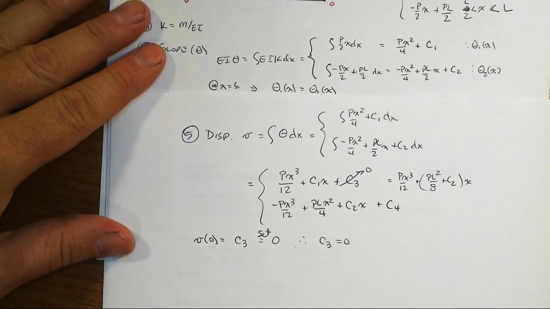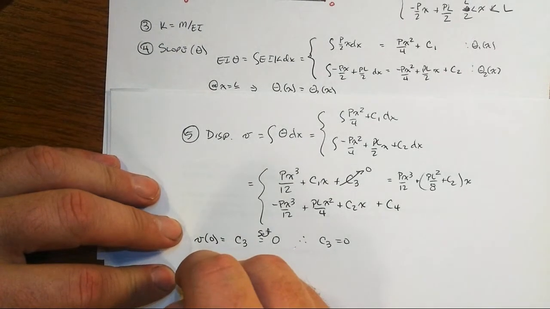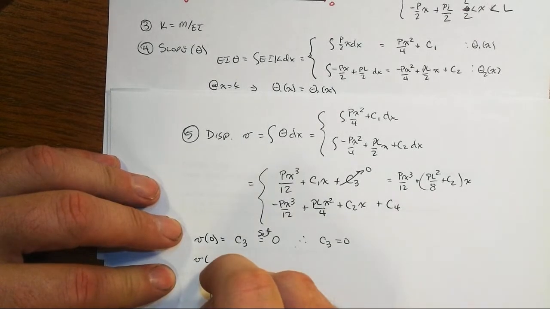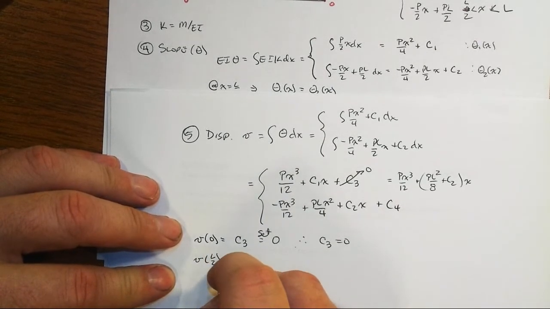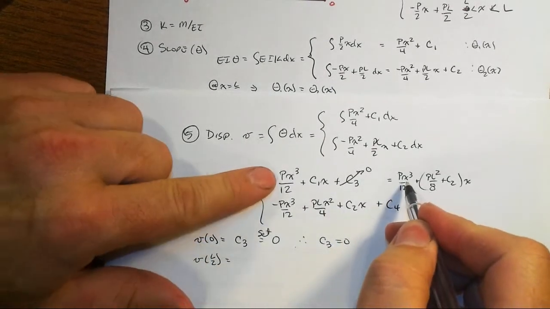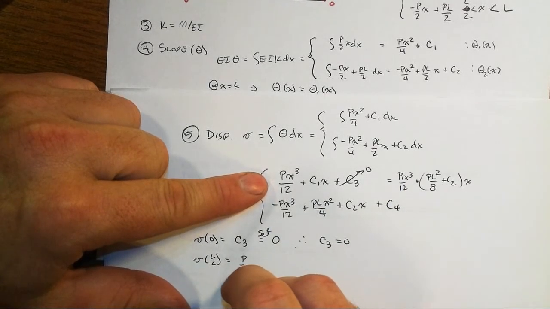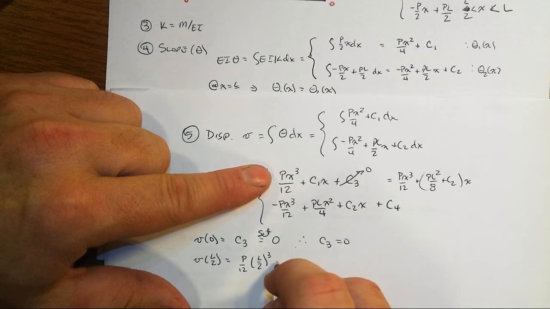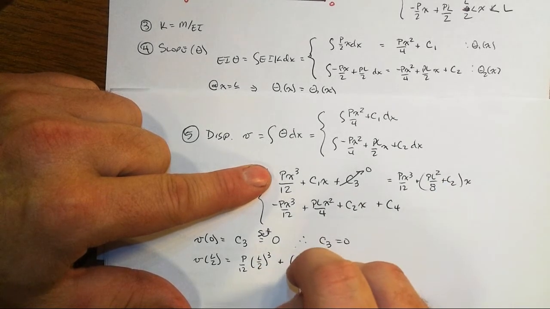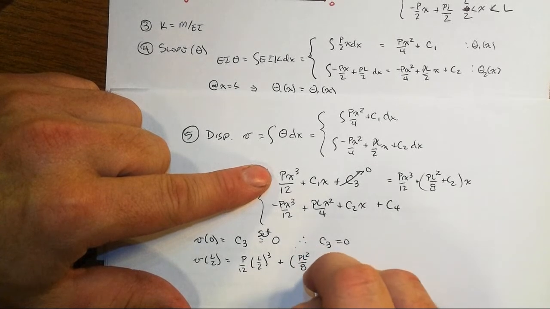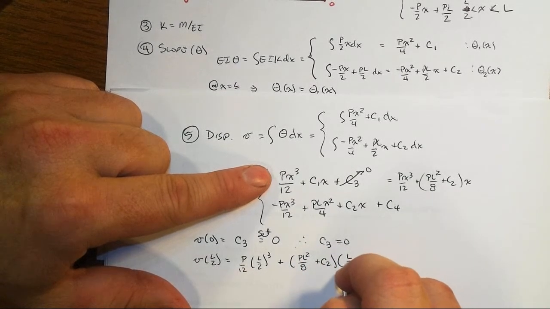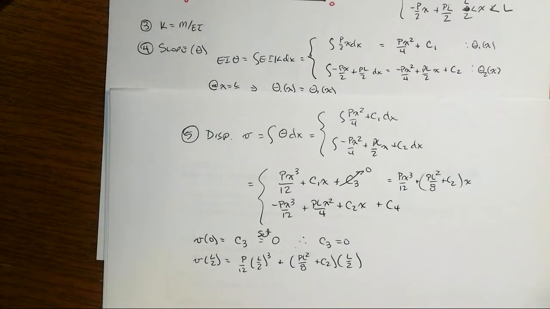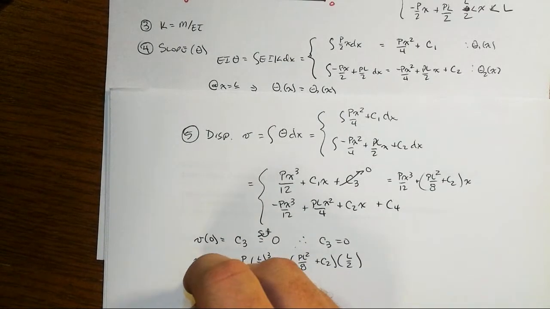Alright, so now what? Well, now we can go look at V at L over 2, which is going to be equal to P over 12 times L over 2 cubed plus PL squared over 8 plus C2 times L over 2. Alright, that's V1.